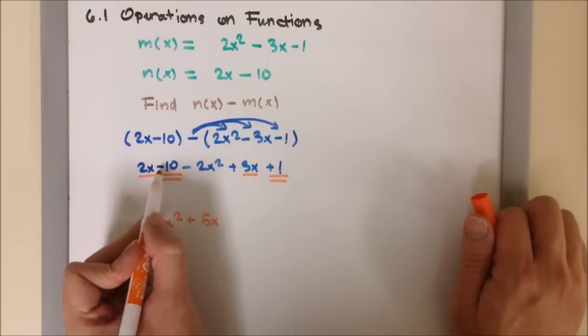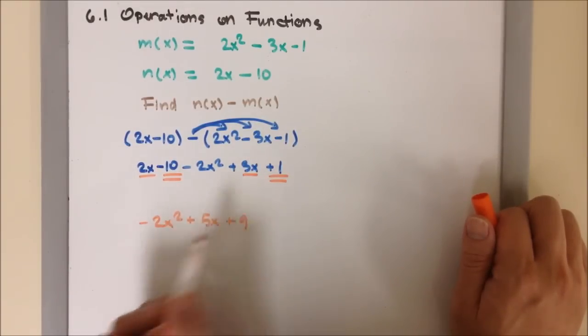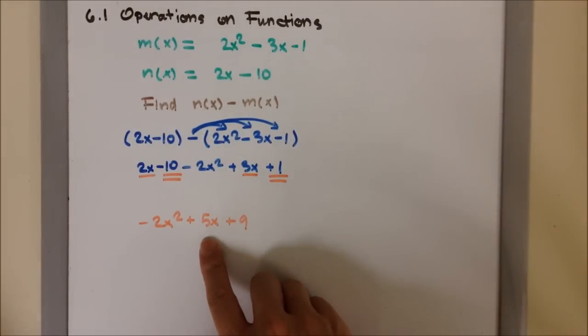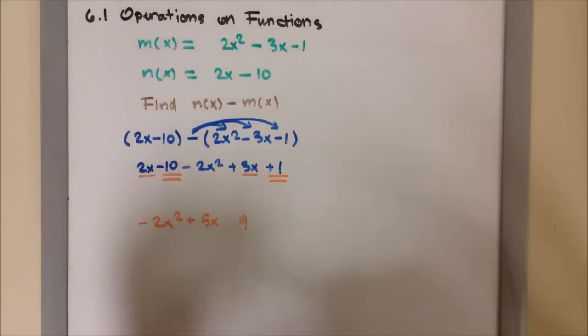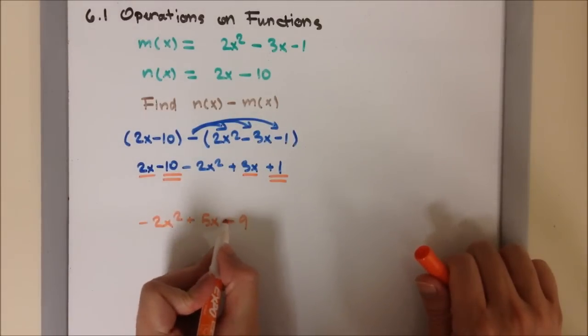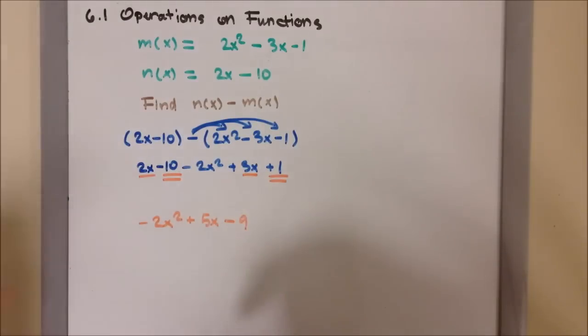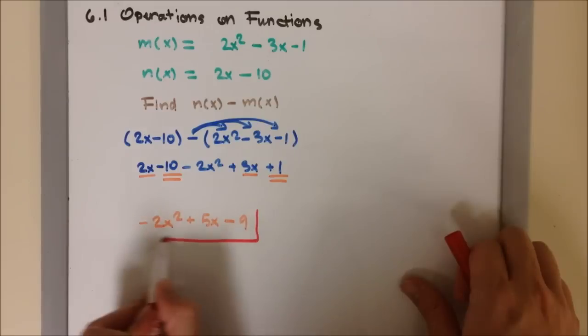I'm going to combine negative 10 with my positive 1, that will be negative 9. So my answer is negative 2x squared plus 5x. Sorry, that's supposed to be a negative 9, not plus 9. So again, negative 10 plus 1 is negative 9. So this will be my final answer.